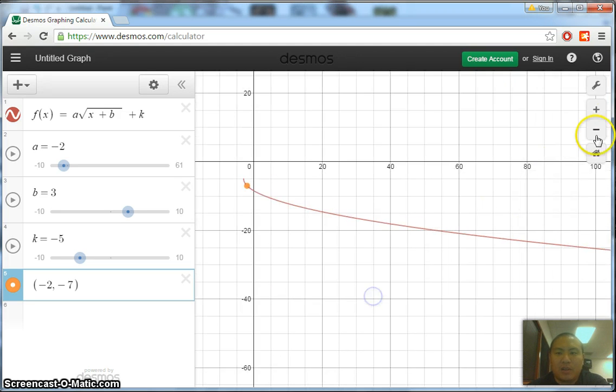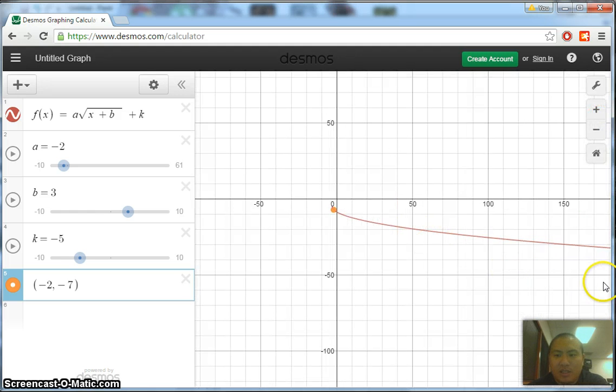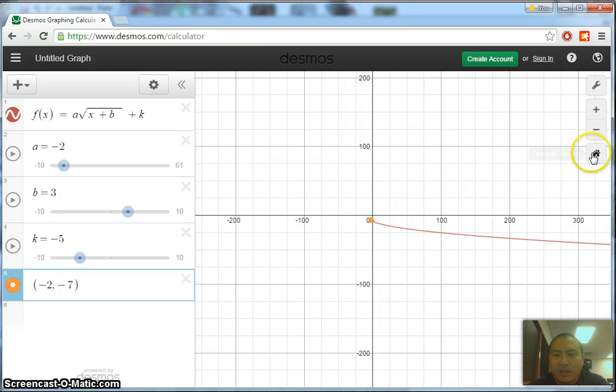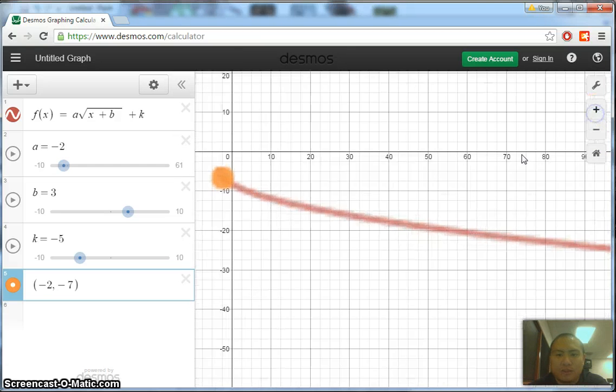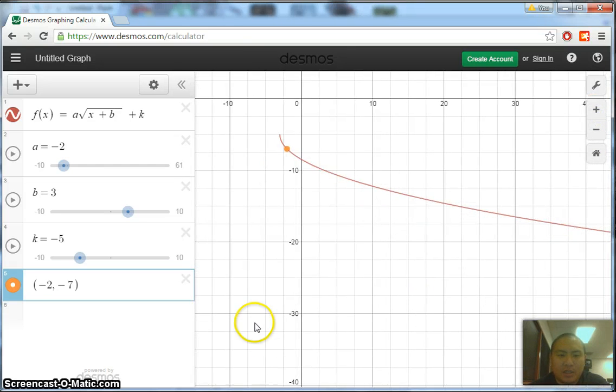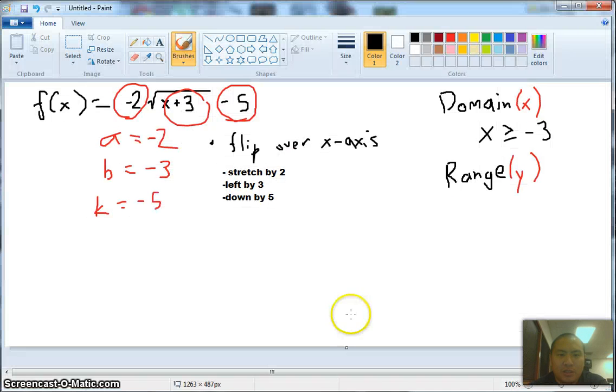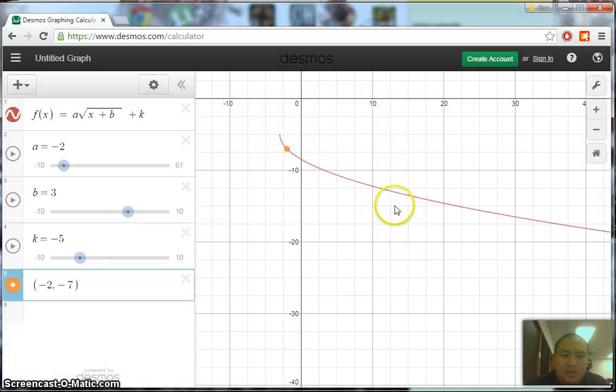So all of your y's that are possible are from here on forever. Okay, even though you can't see it, it continues on and on going down. See how it's still going down? And if I just zoomed out forever, it would still go down. Okay. Alright, so let's go ahead and write our range. We know that y is less than, and does it ever equal, what was that point?